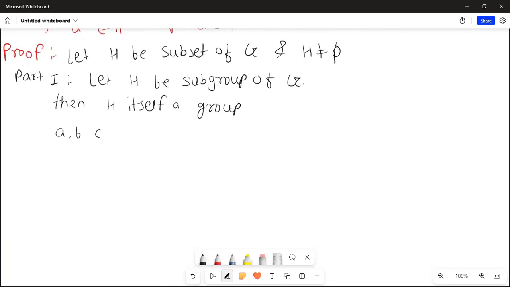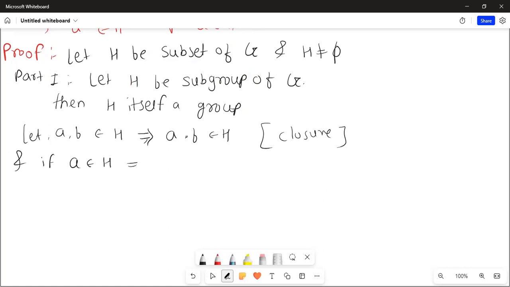Let a, b belong to H. Then a·b also belongs to H. It is the closure property. Yeah, we have to write here closure property. And if a belongs to H, then a inverse also belongs to H. It is the existence of inverse.